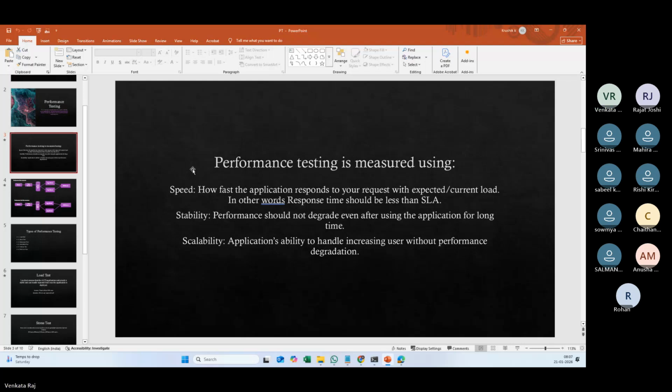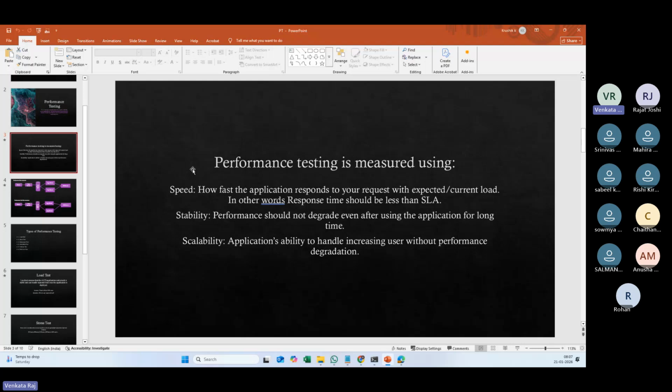Speed is about how fast the application responds to your request. For example, you click a link or a button, and how much time it takes to navigate from one page to another. That is measured in terms of speed.